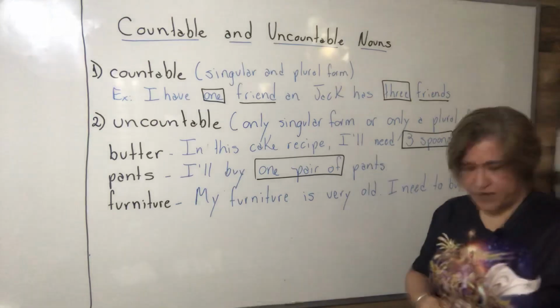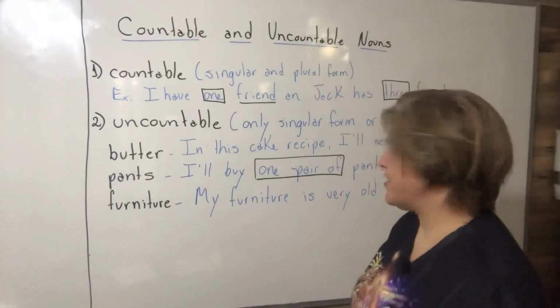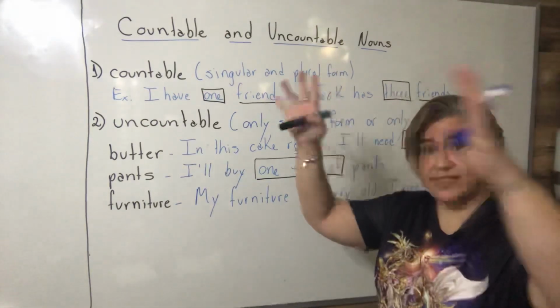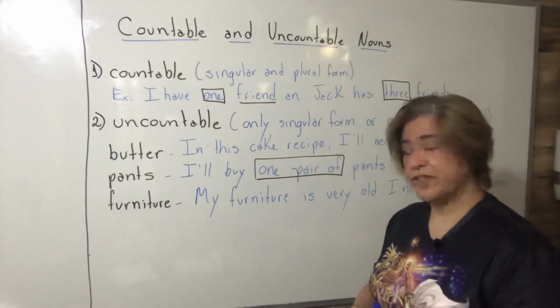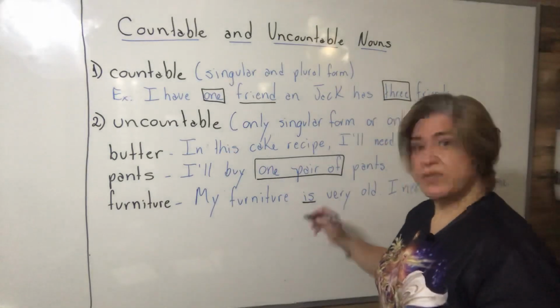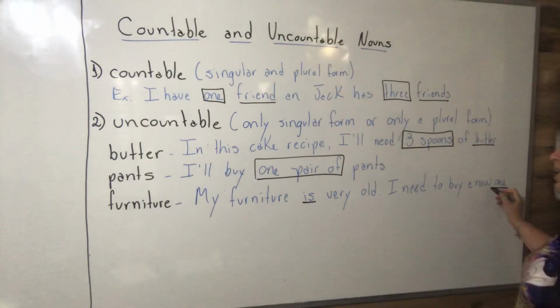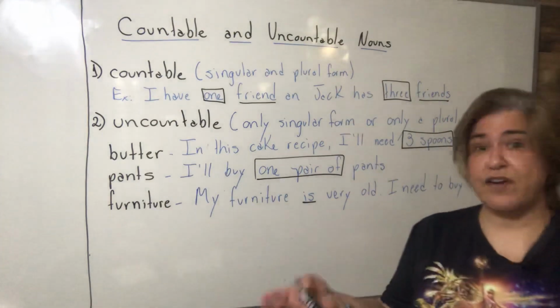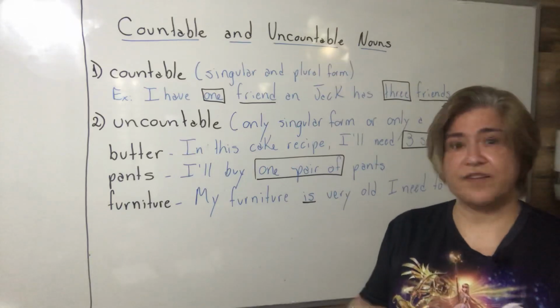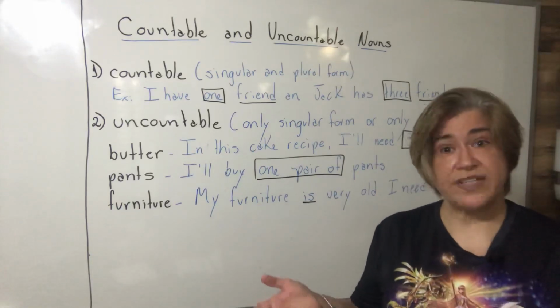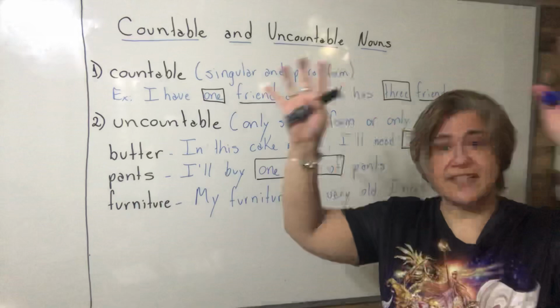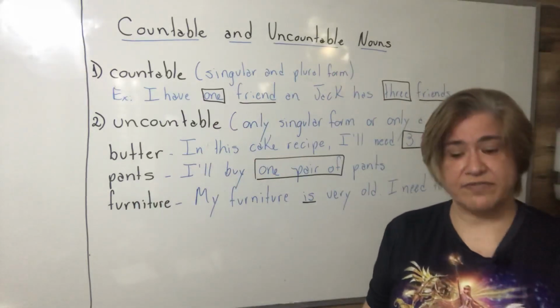Okay, so furniture is always in singular and represents a collective of furniture. Look, the verb always in singular, and I need to buy a new one, represent the furniture. So it's funny because furniture is, the word is always in singular and represents a lot, a collective.